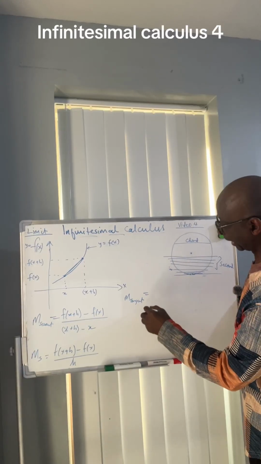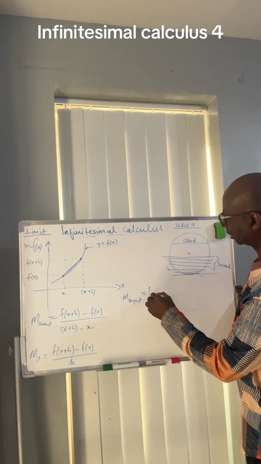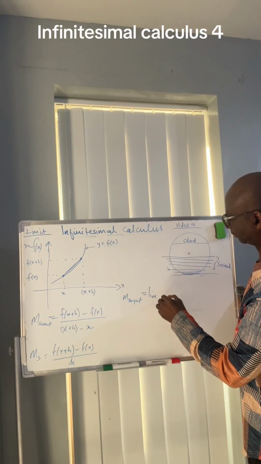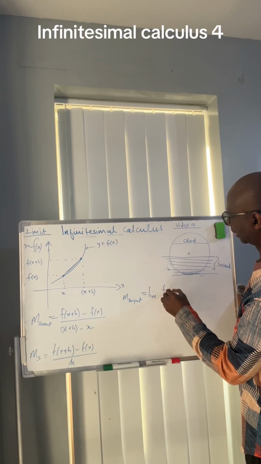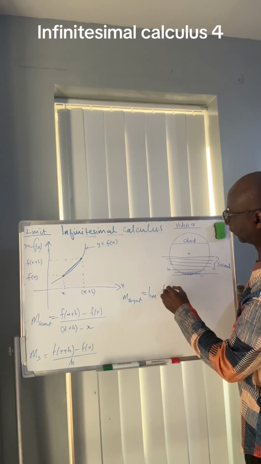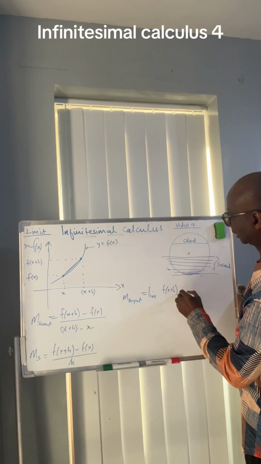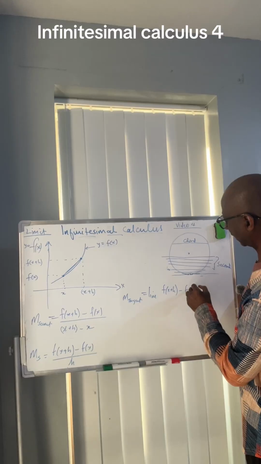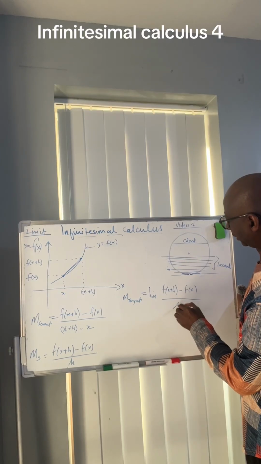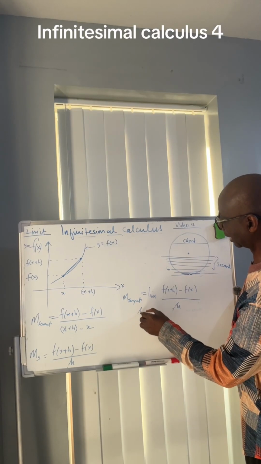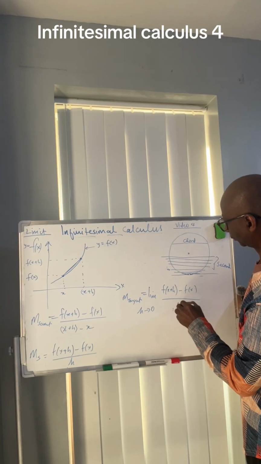We are now talking about the limit of f of x plus h minus f of x all over h, as h tends to 0.